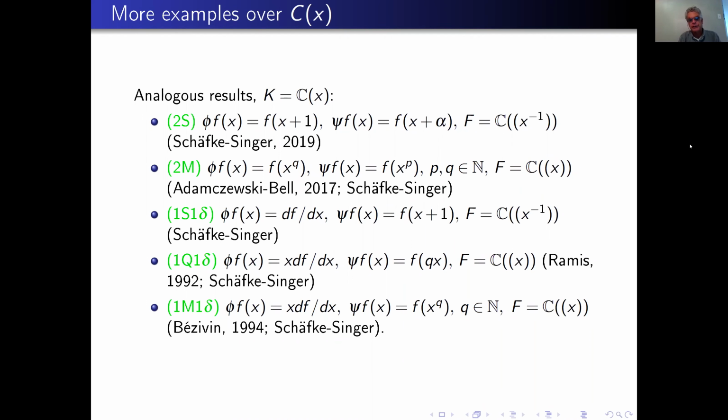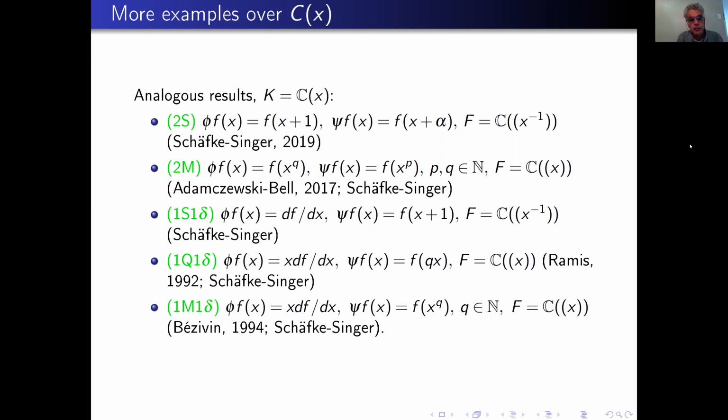Of course, p and q are now natural numbers, and to make them automorphisms of the field, you actually have to adjoin all the roots of x to your field, but that's fine. Or you may consider one difference operator, whether a shift q-difference operator or a Mahler operator, and one differential operator that commutes with it or essentially commutes with it.